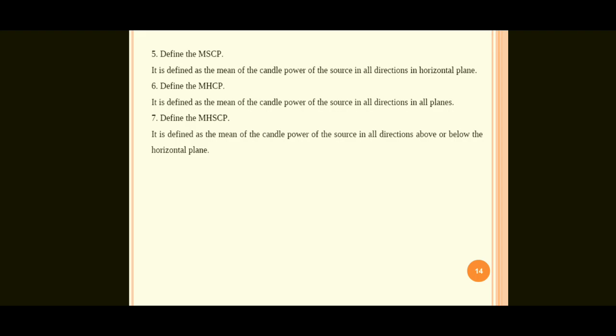For different colors, different wavelengths are present. For 5500, the color is yellowish green, to which the human eye is most sensitive.